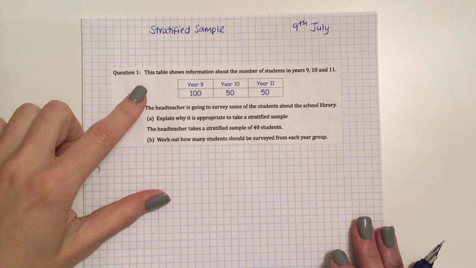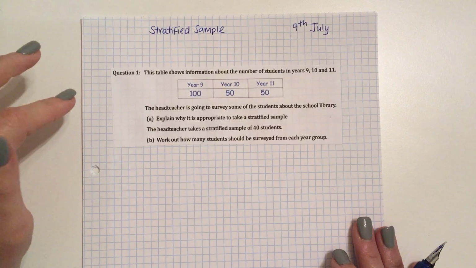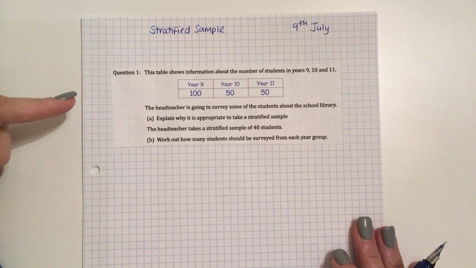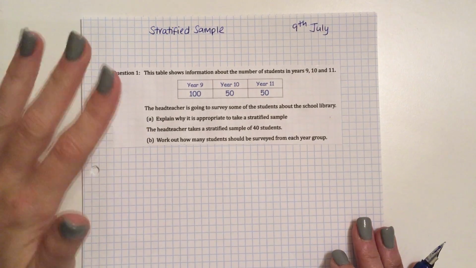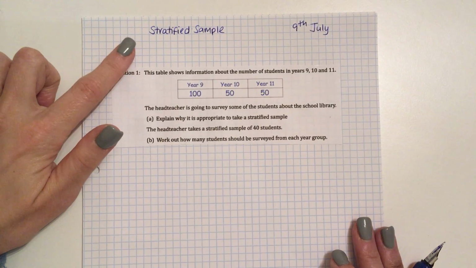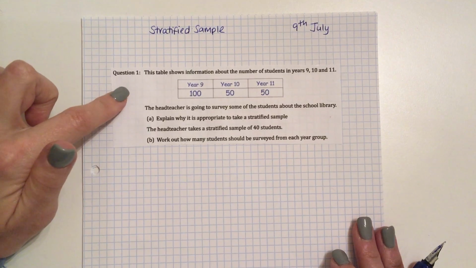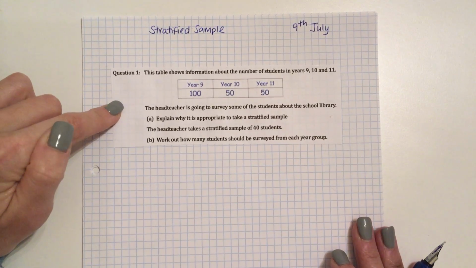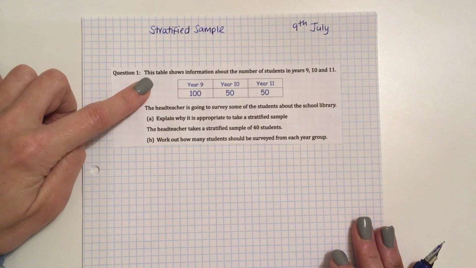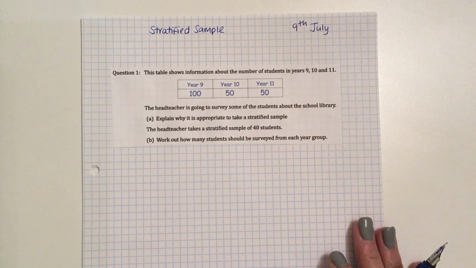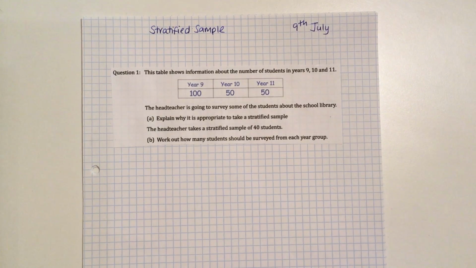Okay, so let's have a look at this question. This is the first question on the worksheet that I've left for you to do today. So what you'll need to do is make sure that you've got the date, this title, stratified sample, and that you've copied down this example in your book. It says this table shows information about the number of students in years 9, 10 and 11.